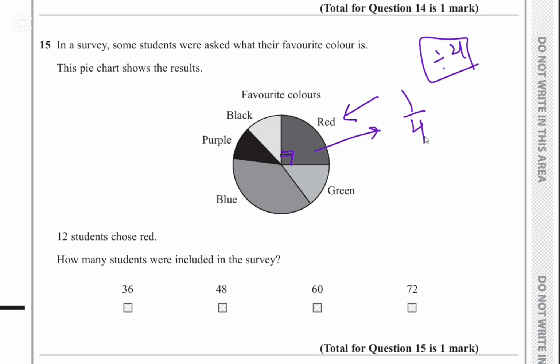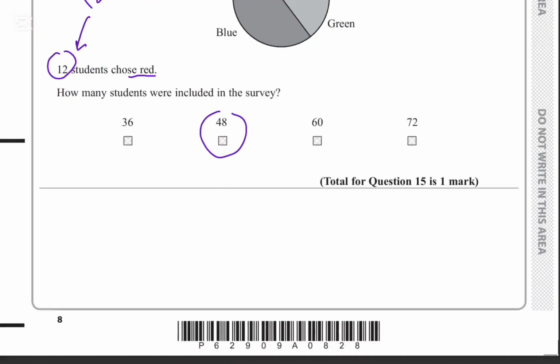Red is 12 students, so a quarter of the total students is red. If I want to know the total students, I have to multiply this number by 4. So it's 12 times 4, which is 48. So I have 48 students in total.